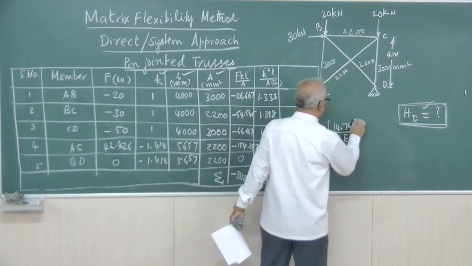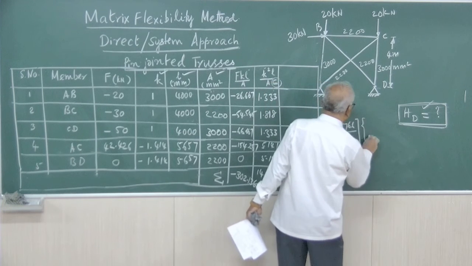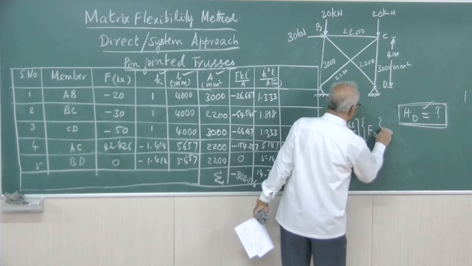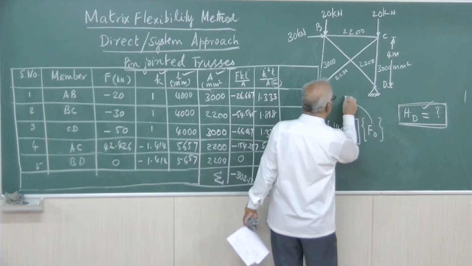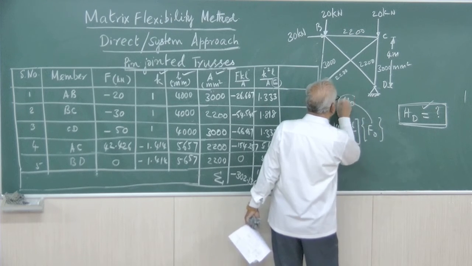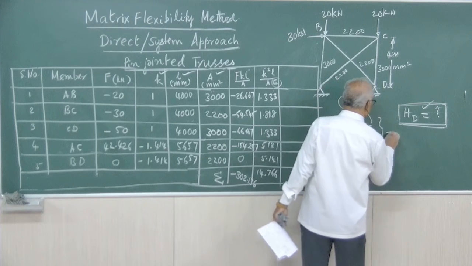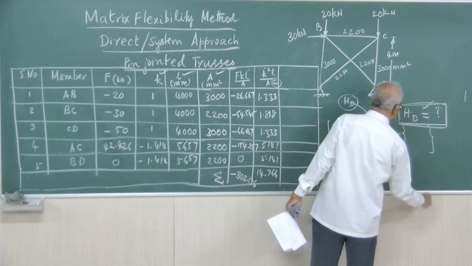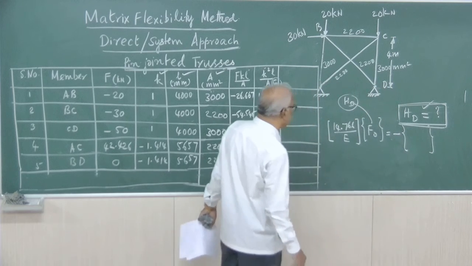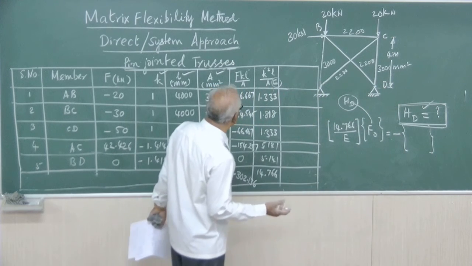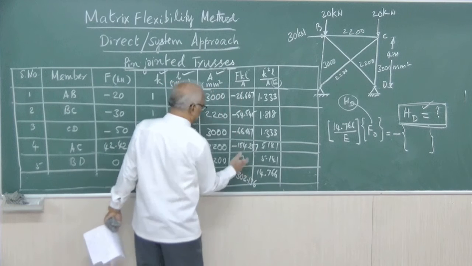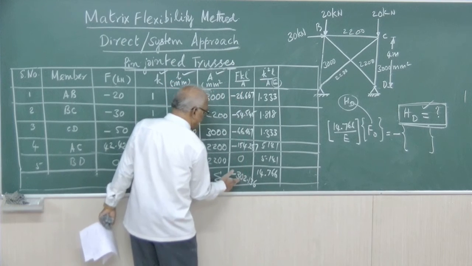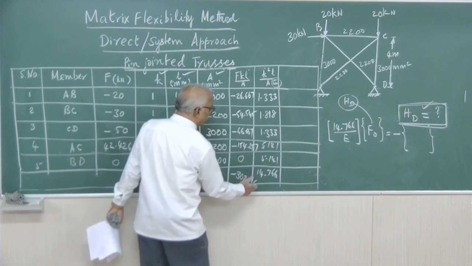This is A into F naught. This F naught is our HD, equal to minus half U. U equal to sigma FKL by AE, which is equal to minus 302.136.